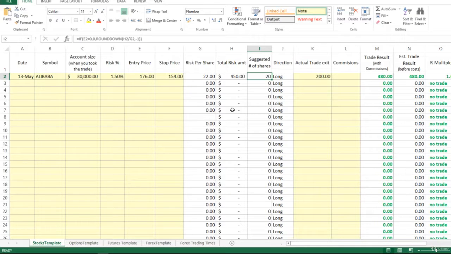That's why you need this journal template, in order to reflect on your trading activities and hence improve yourself from time to time.